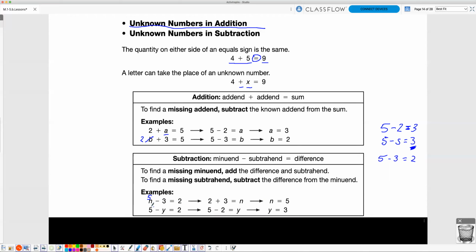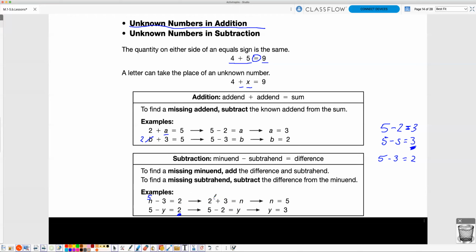Here's another example. If you have 5 minus y equals 2, we've got 5 minus 2 equaling y. So if you had 5 minus s equals 3, it's very close to the same kind of problem. But in this case, it would be 5 minus the 2 equaling y.